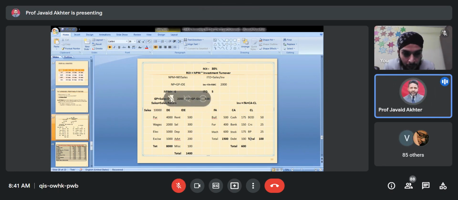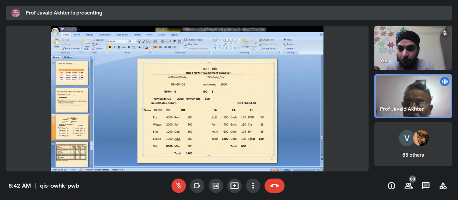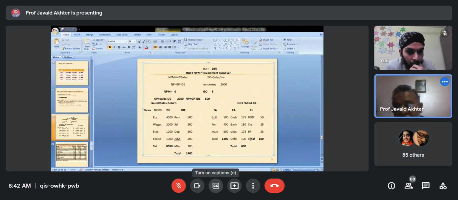Okay. Now, if you know the answer, do not post it in the group. Post it privately on my personal number. In spite of the fact that the liability side of the balance sheet is not represented here, liabilities figures are missing in this Excel sheet, and yet we are saying that it is a very comprehensive measure of determining the profitability of a company.